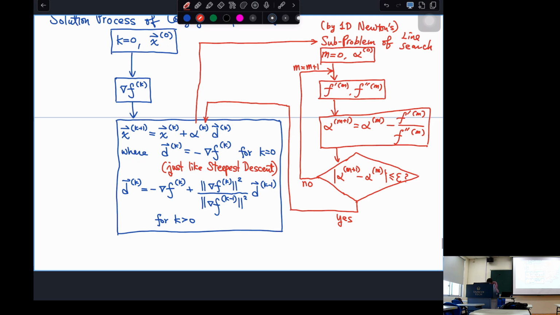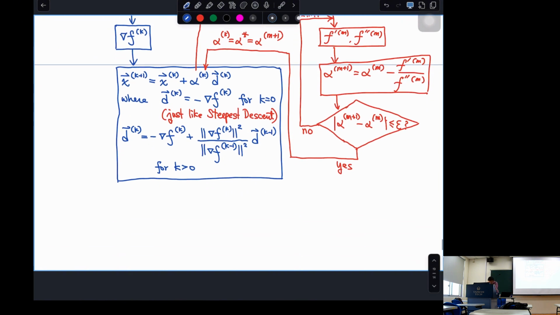If yes, your alpha k equals the optimal from the subproblem, and it will be your latest one. Okay, now back to the main loop.